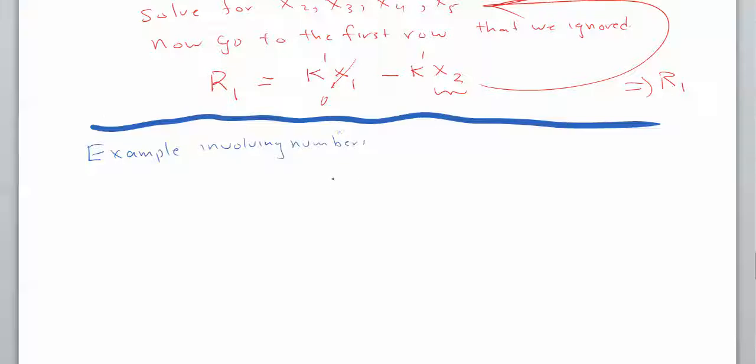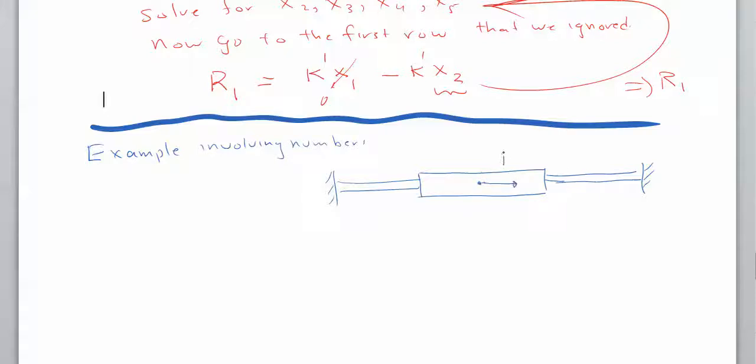We have a bar like that, and a bar like this, and a bar like this, fixed at the two ends, and we apply a force F here. Okay. Let me put some dimensions there. So this is 0.3, 0.3 meters. This is 0.4 meters. And also this is 0.3 meters.